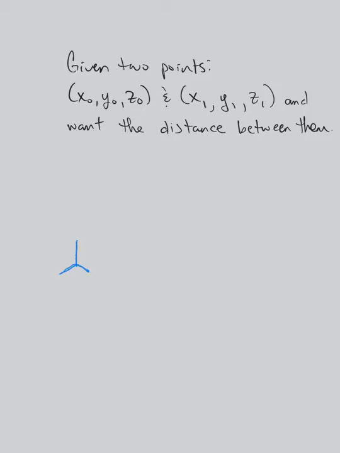We have these axes down here somewhere, and I have these 2 points. I have this point right here, the one with the 0 subscript, and then I have this other point out here, the point with the 1 subscripts, x1, y1, z1. And again, I'm trying to find the distance between the two.